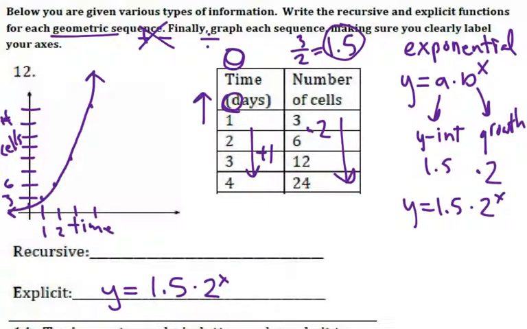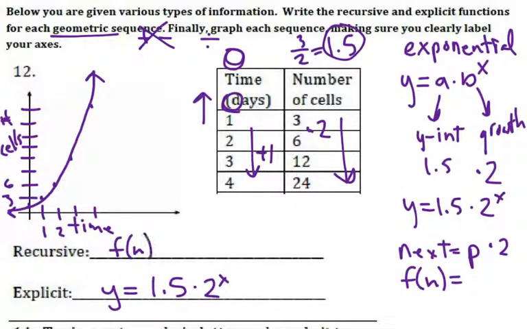Now our recursive, how do we do that one? Well, the same way we've been doing it. To get our next term, it's our previous term, and what are we doing to it? We're doubling it. We're timesing it by 2. But remember, we want to keep it in this notation. So same notation, f of n, for our next term. Our previous is n minus 1, and what did we do to it? We timesed it by 2.